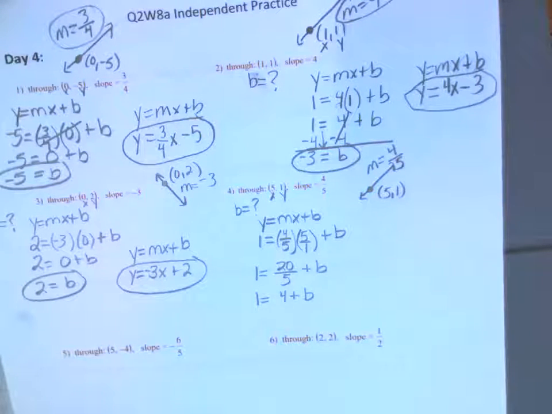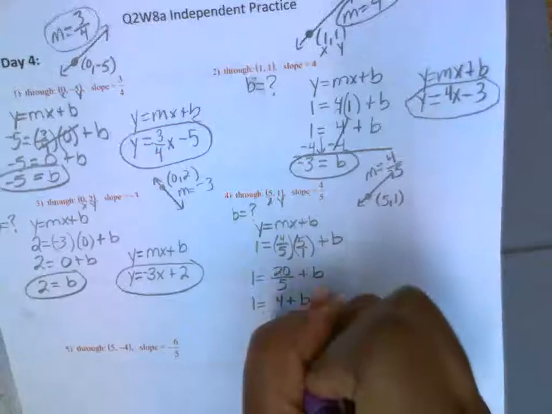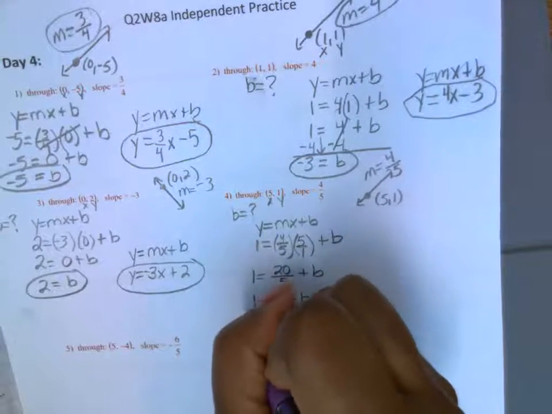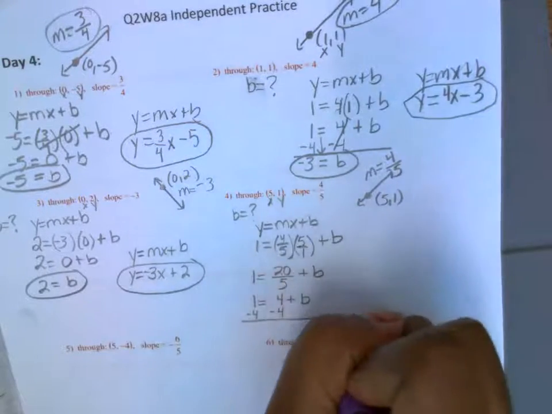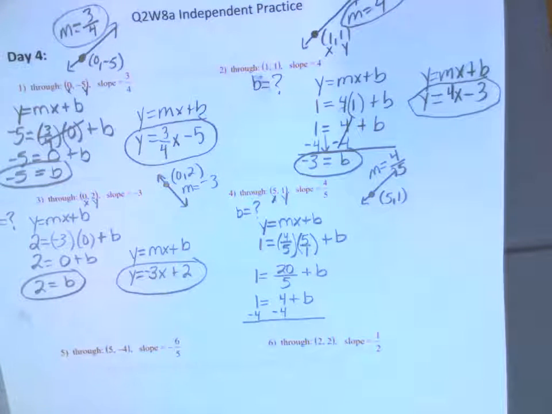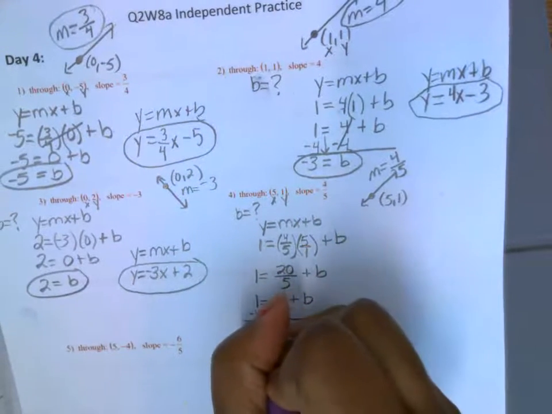In order to get b by itself, I have to move the positive 4. The opposite or inverse of a positive 4 is -4, so I'm going to subtract 4 on both sides. 1 minus 4, if you don't remember your rules for integers, please use your calculator, gives you -3.